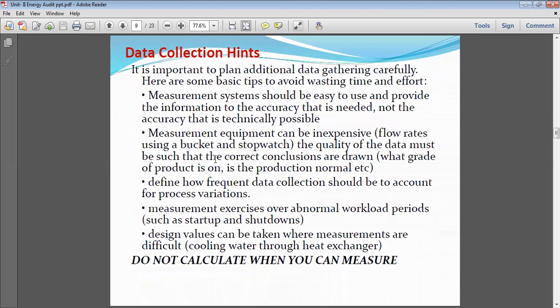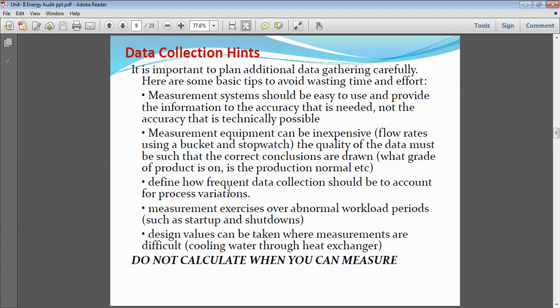Data collection here. It is important that the plant's additional data is gathered carefully, whatever data is needed. The measurement system should be easy to use and provide information as accurate as needed, not the accuracy that is technically possible. Whatever the data is, it should be correct. Measuring equipment can be expensive. So instead of connecting permanent instruments, we can use portable instruments.